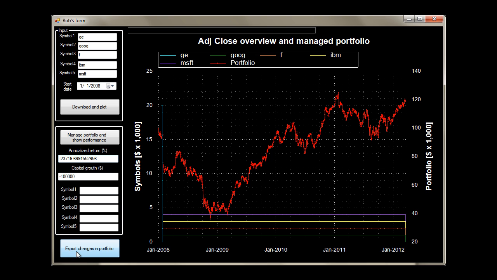Also, I need a little text file or something to pop up and show me what changes were made in the portfolio and when. So basically, in the real world, a person can run the software, download and plot it, manage the portfolio, and then click export changes in portfolio, so the person, or myself, knows what I need to sell in the portfolio and what I need to buy in the portfolio.